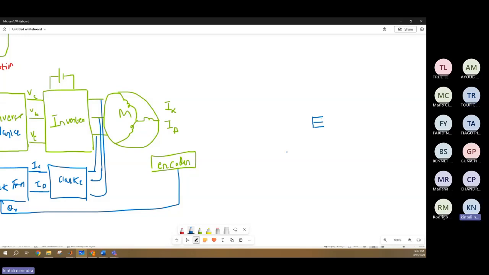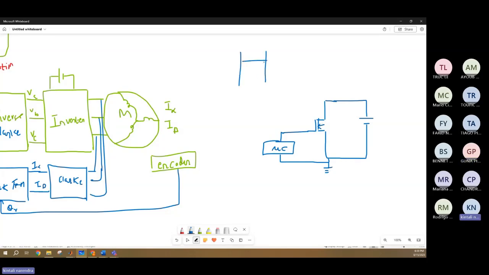There is a MOSFET here and a battery connected. Here the gate is connected to a knob, or you can say a microcontroller. This is ground. Take the valve analogy into account.